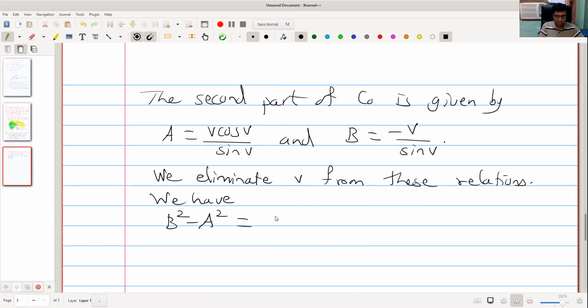There is one common term, that is V square upon sin square. In bracket, it is B square means it is now 1 minus A square is simply now cos square V. And 1 minus cos square V is sin square V, which gets cancelled from the denominator. And so this becomes V square.